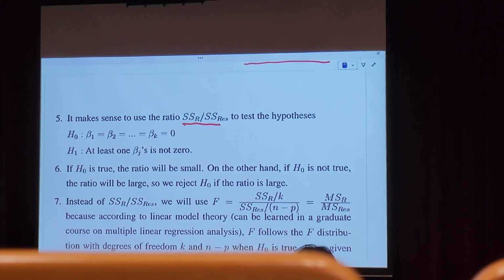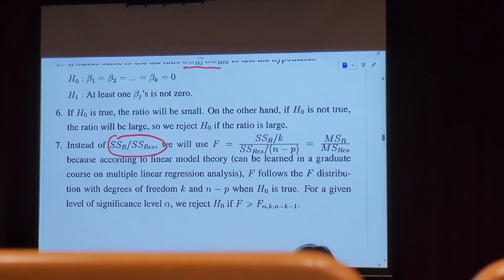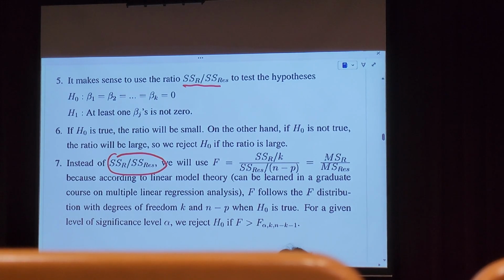But we can't do this directly. Why? Because we do not know the distribution of this ratio. Actually, we do know what it is, but it's not friendly. However, we divide SSR by its degrees of freedom, and SS residual by its degrees of freedom, n minus k plus 1.